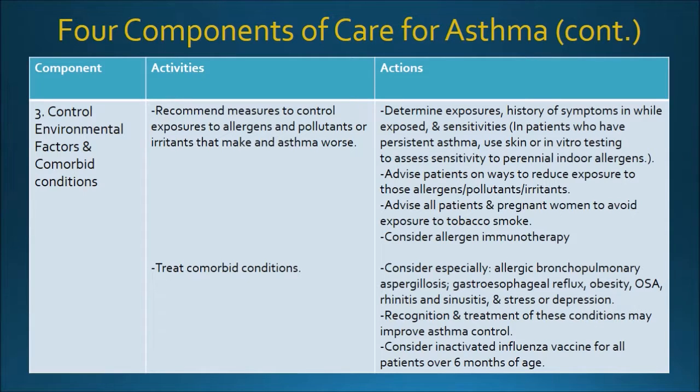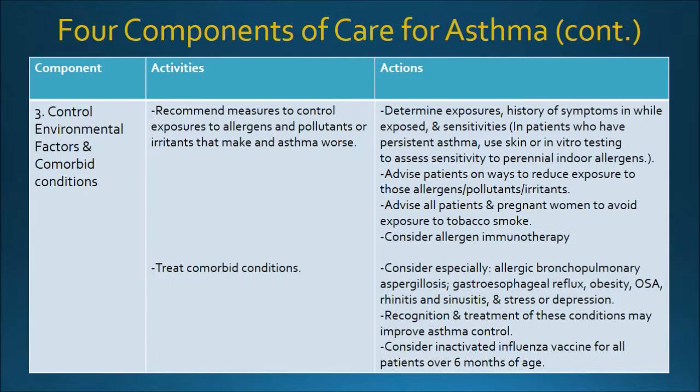We're going to advise all patients and pregnant women to avoid exposure to tobacco smoke. And we're going to consider allergen immunotherapy by specifically trained personnel. This is for patients who have persistent asthma that is triggered by a specific allergen only.